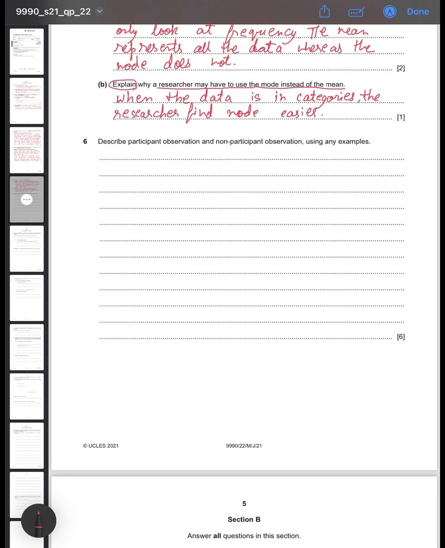Because usually in categories you get answers such as yes and no, so it's easier to basically identify which category is being used frequently, either yes or no's.